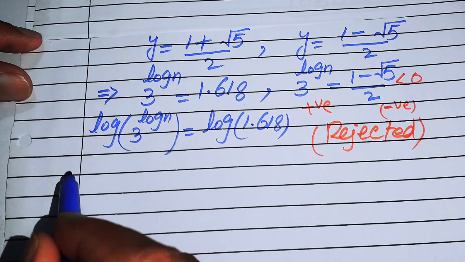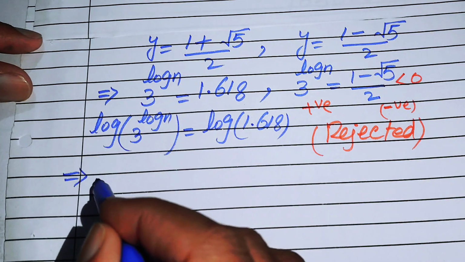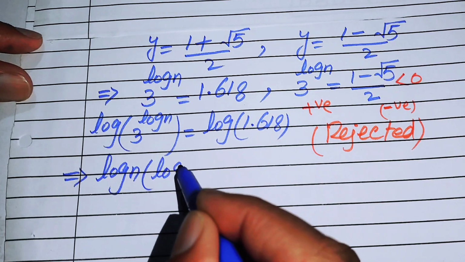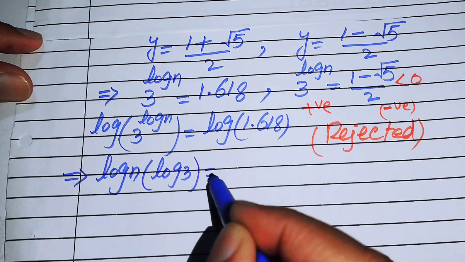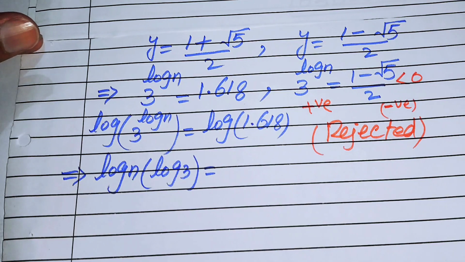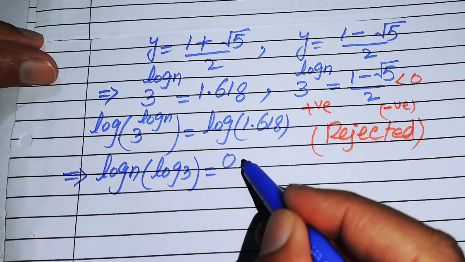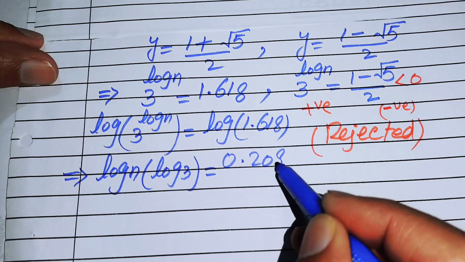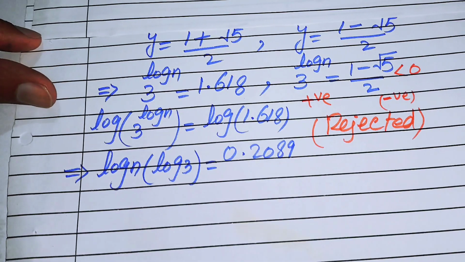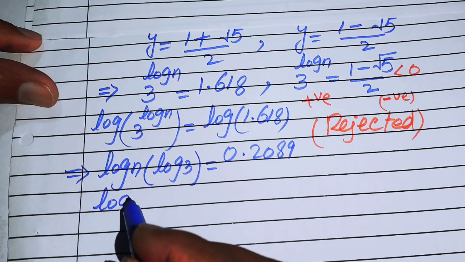So here we apply the property of log, and we can bring its exponent in front of the log, and you write log n times log 3, and it is equal to, now we can find the value of log 1.618 by using the calculator, and you will get 0.2089.